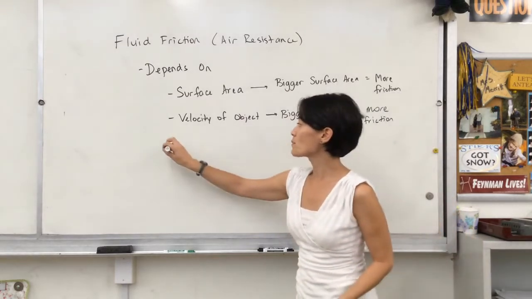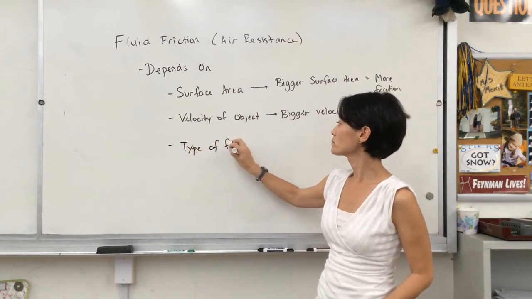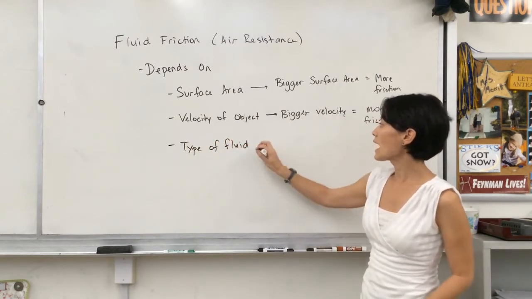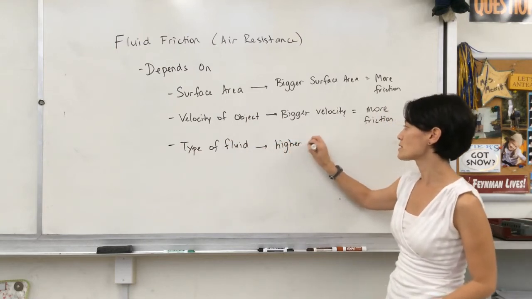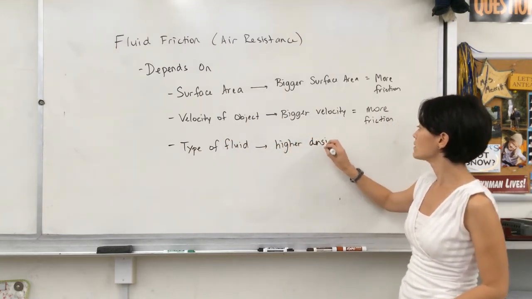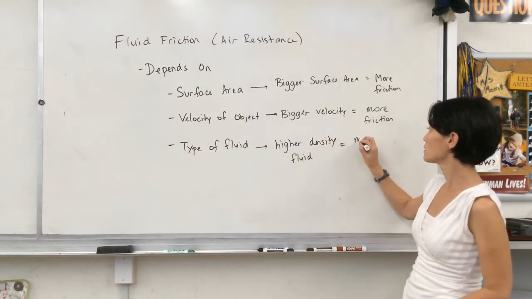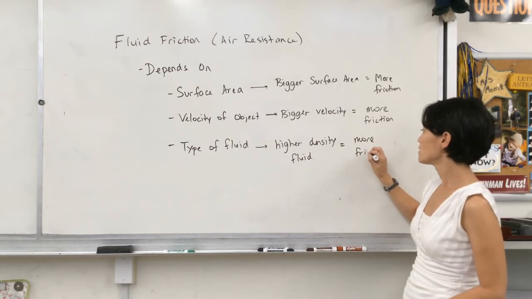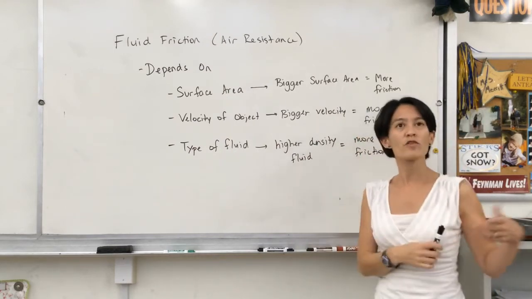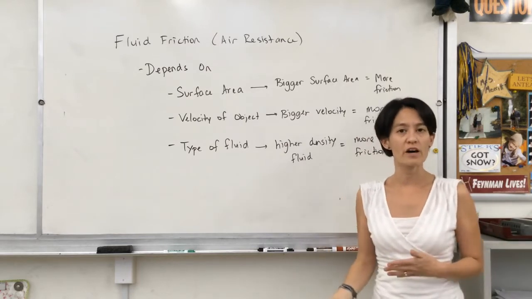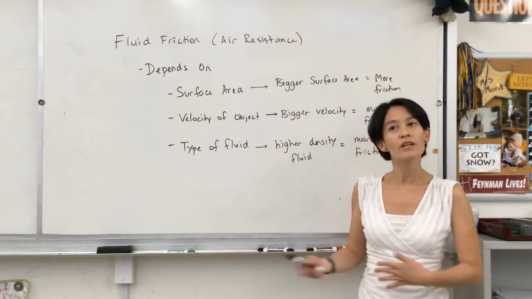The third thing it depends on is the type of fluid. If I have a higher density fluid, I'm going to have more resistance. Think about air versus water: water has a higher density, so water provides more friction when you're moving through it than air does.